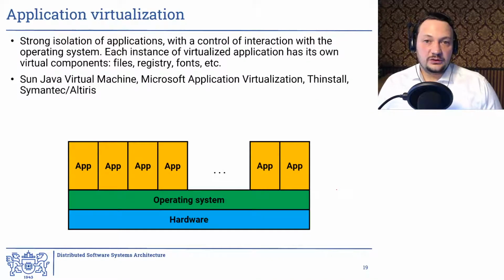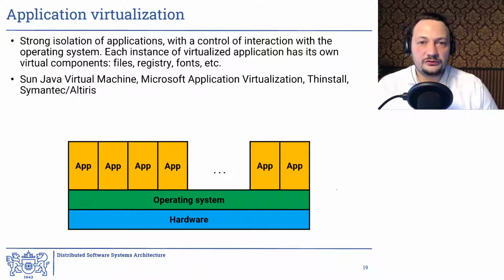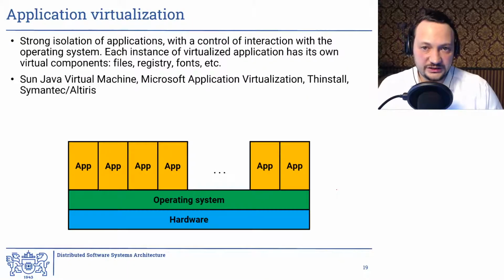This is not the only way to organize the isolation of processes in operating systems. Containers are very, very useful, of course, but we also know that there is one more way to organize isolation. It is application virtualization. As I said, Java provides a virtual machine, and this virtual machine stores each application in its separate small container, a Java container.